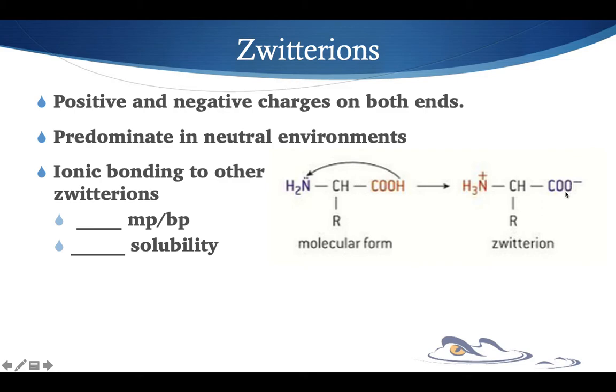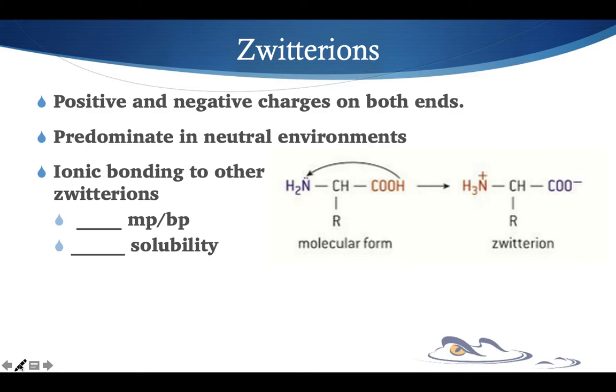And so the Zwitterion is this ion that has both a positive and a negative side to it. I want to point out it is formed from a conjugate acid and a conjugate base of our amino acid.